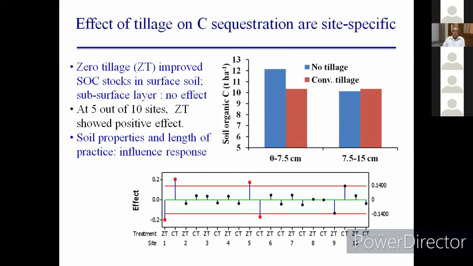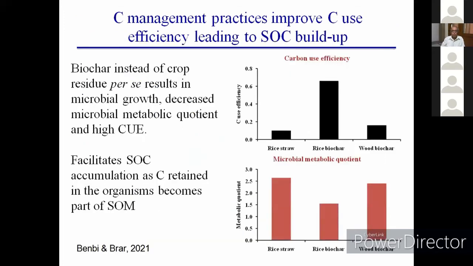So tillage leads to stratification. So we need to know how deep to sample to really make a conclusive statement about whether tillage is really helping us store carbon, or whether carbon has been stratified in different layers with tillage and without tillage. So that has to be kept in mind. That's an important issue.